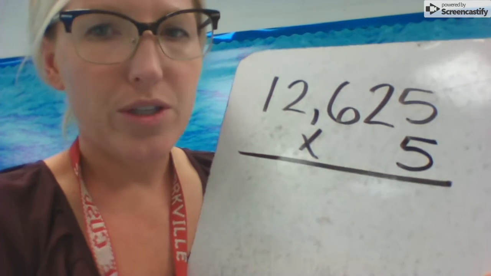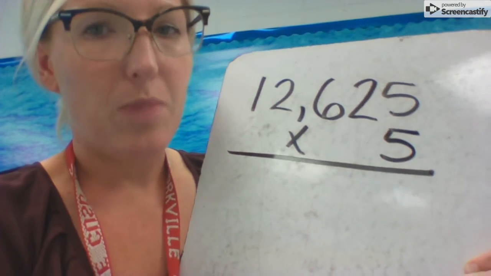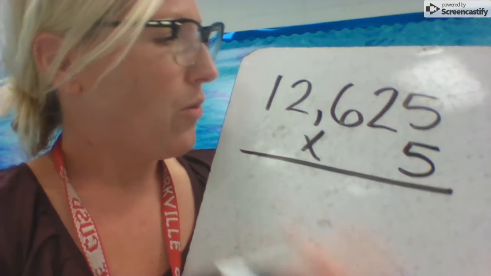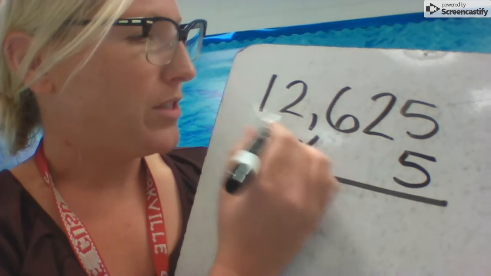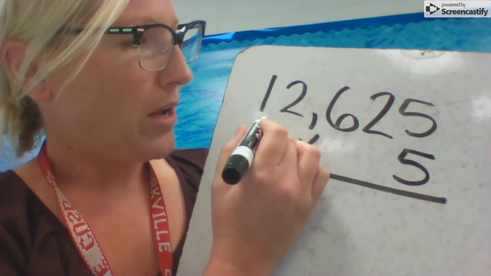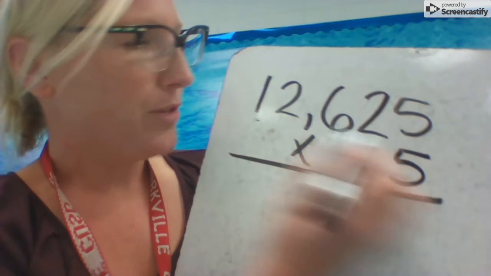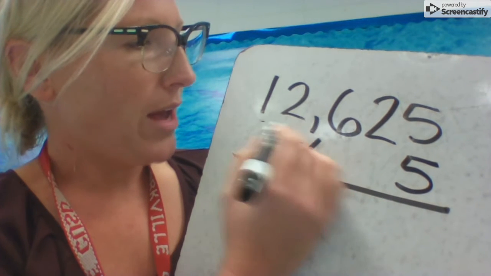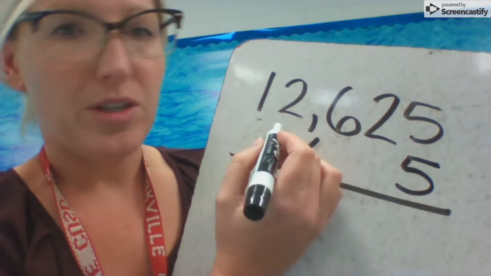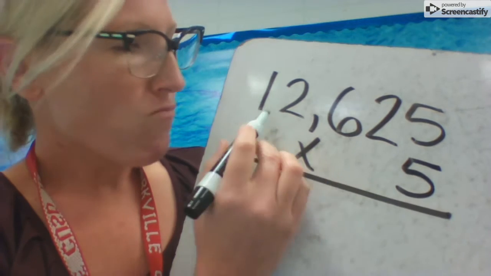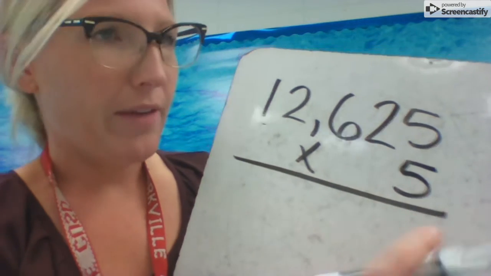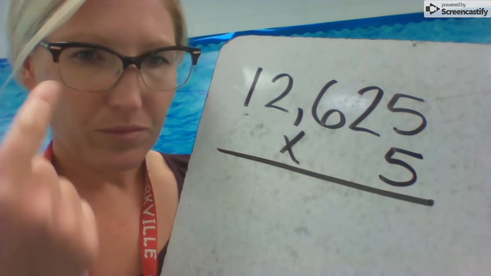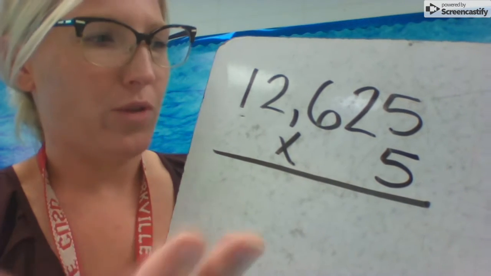When you first get this problem, I want you to stop and think about what's a reasonable answer first of all. What I mean by that is I first see that my top factor is 12,000. So I'm going to estimate and say that 12,000 is close to 10,000. 10,000 times 5, I count by 10,000s on my hands: 10,000, 20,000, 30,000, 40,000, 50,000.